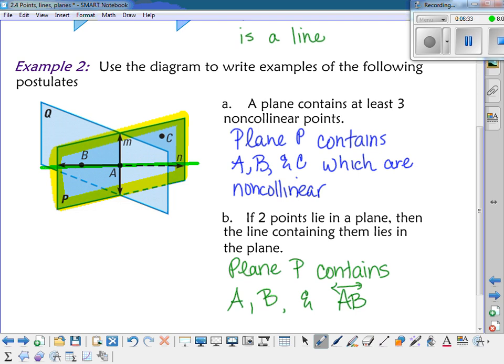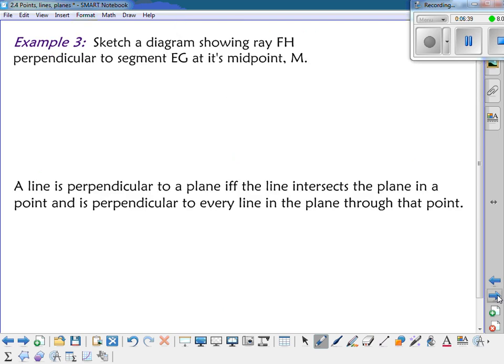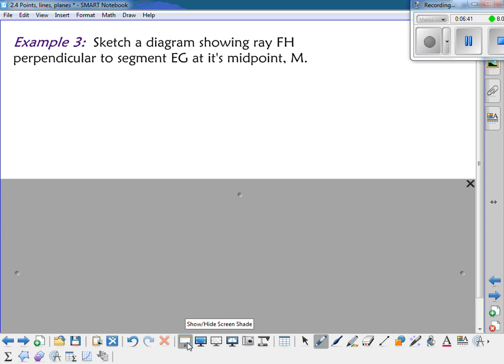Okay, you're also going to have to sketch some diagrams based on information that you're given. So let's take a look at these two examples. First, example 3. We're going to sketch a diagram that shows ray FH, which is perpendicular to segment EG at its midpoint, M. So first I need ray FH.